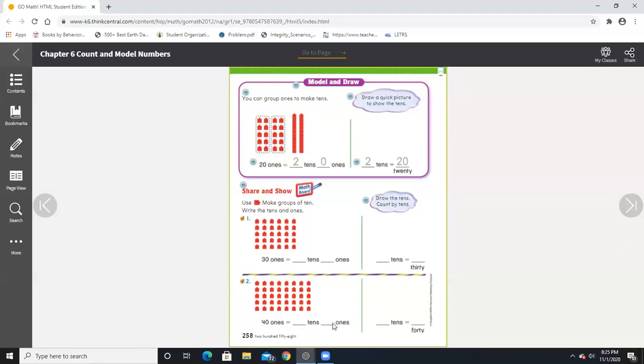That means that there are 0 1s. Remember, we wrote the number 4 here. It will also go there. And we combine the numbers 4 and 0 to get 40. And that means we would need to draw 4 lines. But I still want you to make sure that you circle your groups of 10. So that's another way that you could possibly look at it.